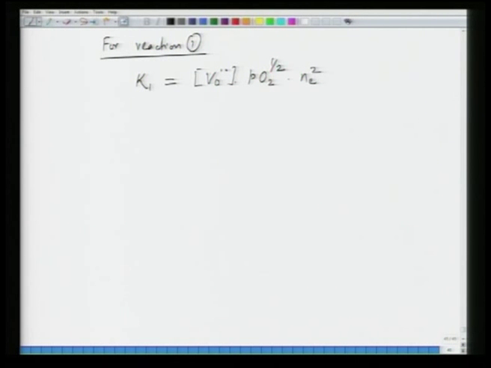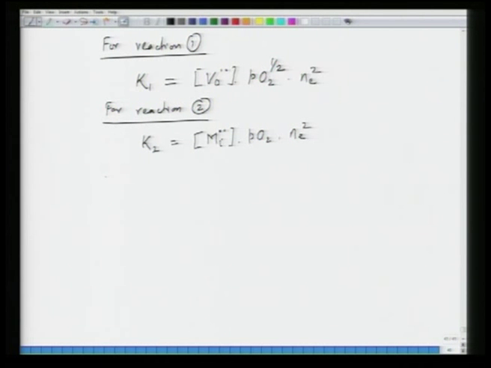And for reaction 2 we will have K2, which is equal to Mi multiplied by PO2 multiplied by Ne square. So, these are two expressions that we get.